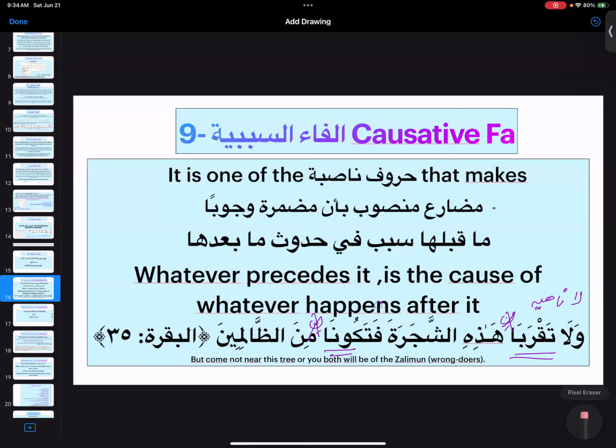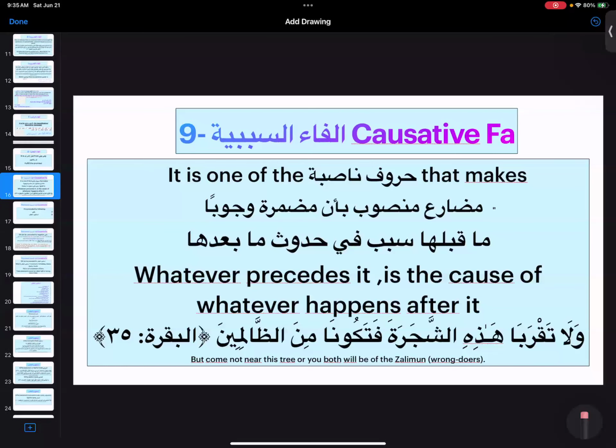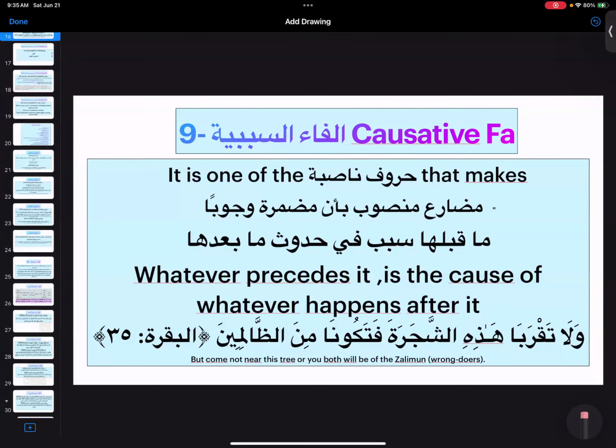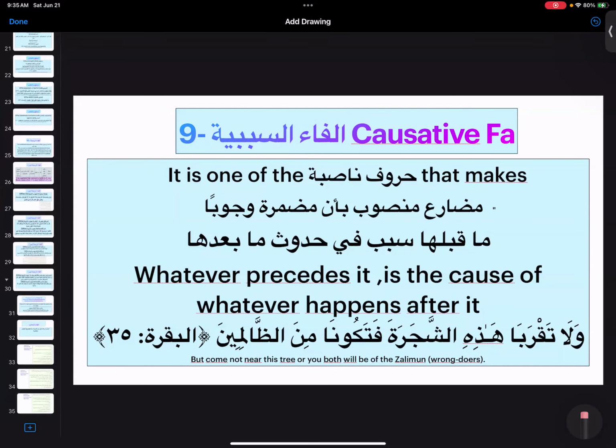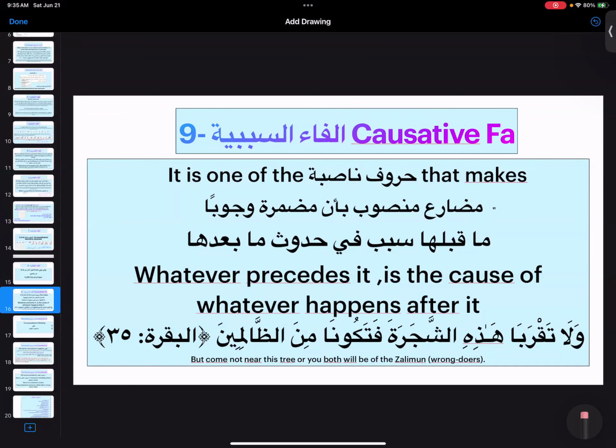So it means this harf nasiba is mahzuf. Yeah, exactly. We don't know which one it is, but it is an mudmara. Okay. That will be easy. Yeah, inshallah, that is very easy. And we are going to, inshallah, repeat, even though we already did that, it is going to be a good revision for us for class, inshallah. So we are going to talk about sababiya next class, inshallah.